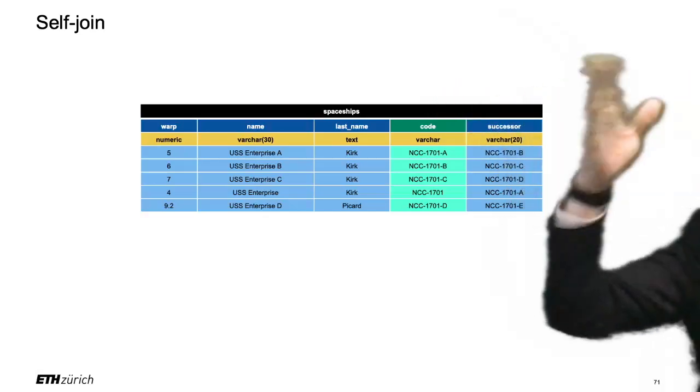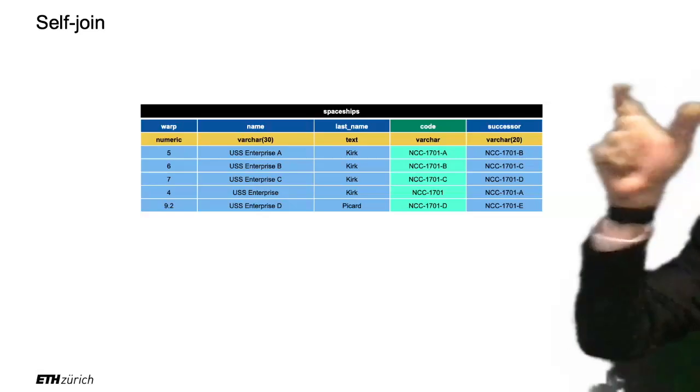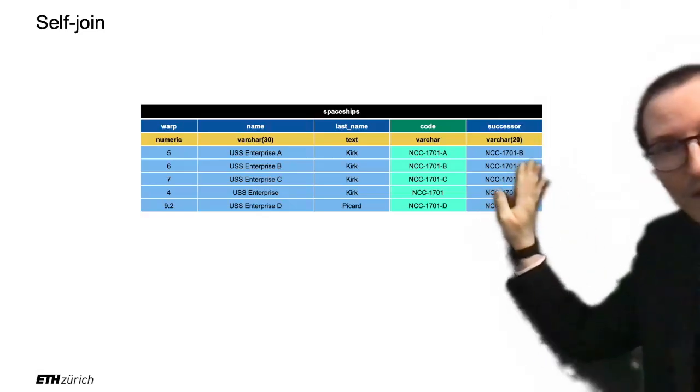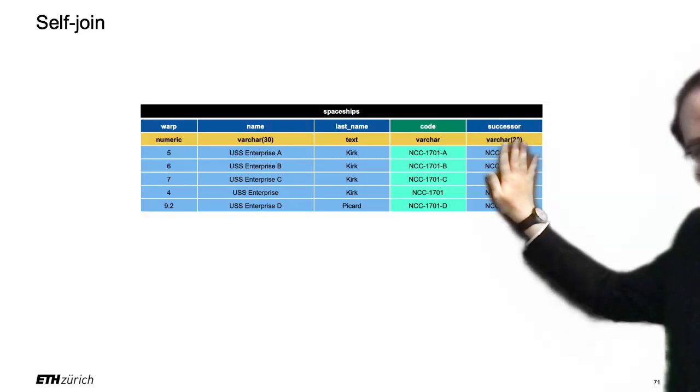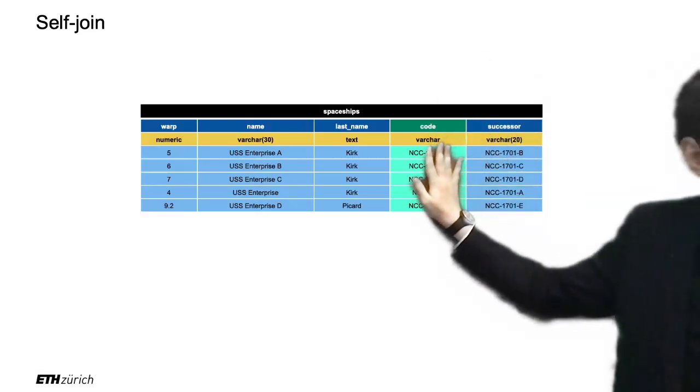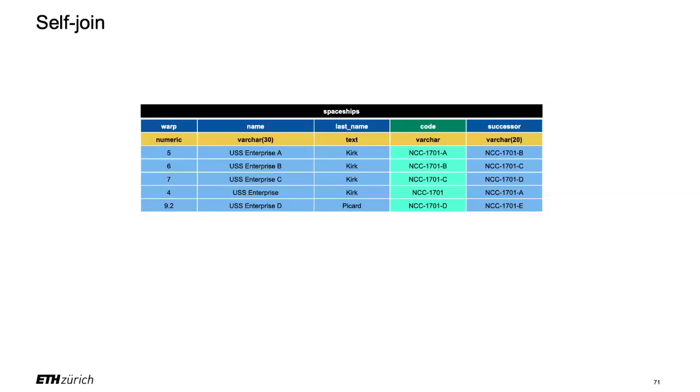Again, think of a table of people and you have parents, and then parent points to another person in the same table. So this is a foreign key that references the primary key of the same table. For whom is that clear? All right. Technically, we very often do joins based on a foreign key and a primary key. The join predicate is based on the foreign key matching the primary key.